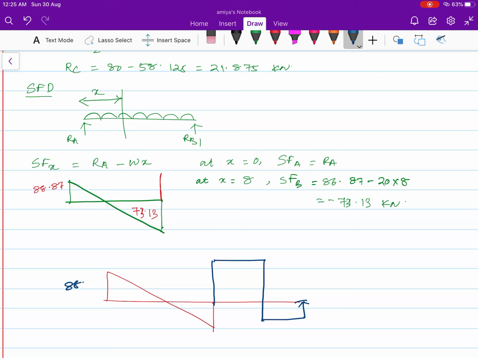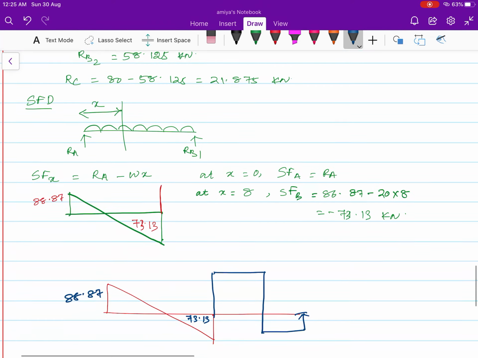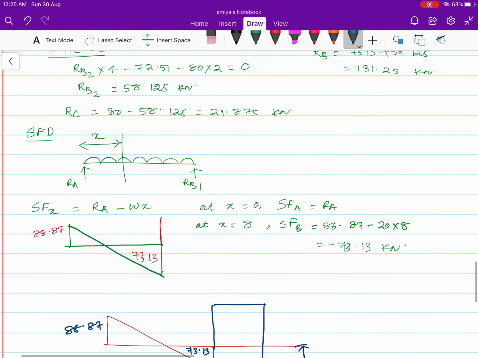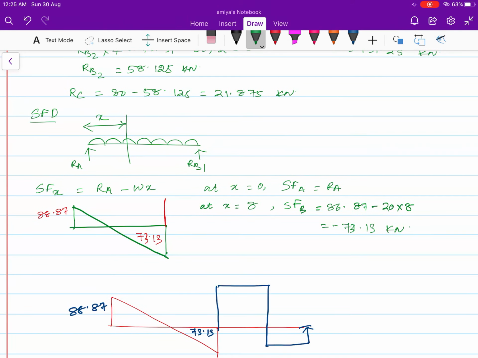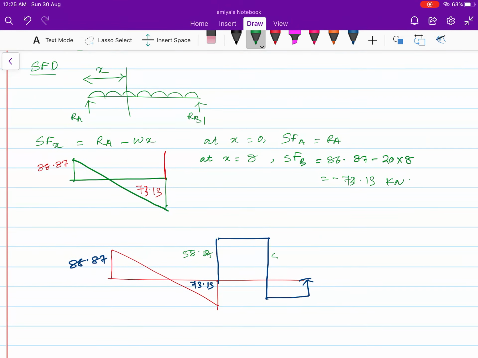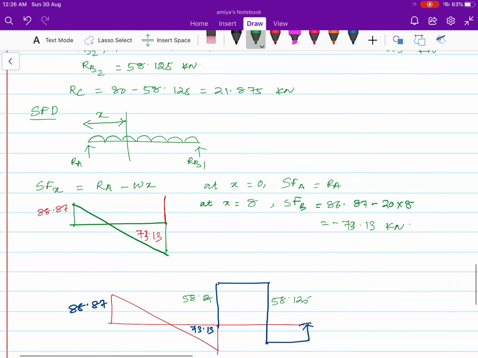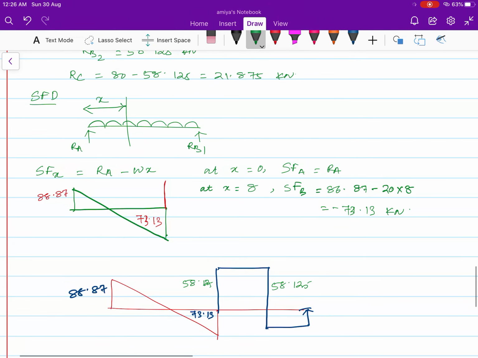So this is 86.87, this is 73.13, this is 58.125, and then 21.875.